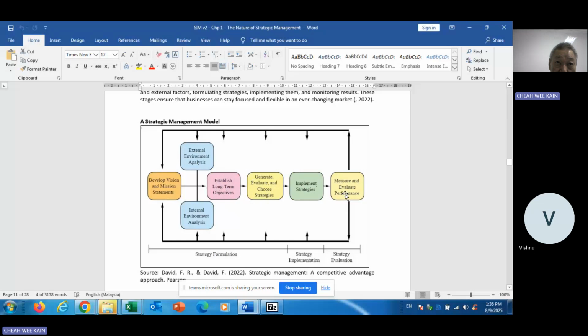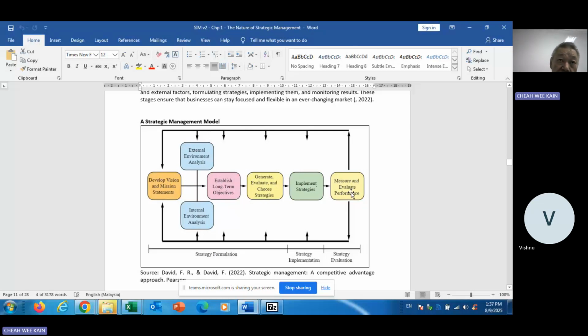And at that time, if you think that something changed, you have to redo the whole thing all over again. For example, your actual profit is lower than your budget profit. Something is wrong. So you may have to go and do all these first steps all over again.